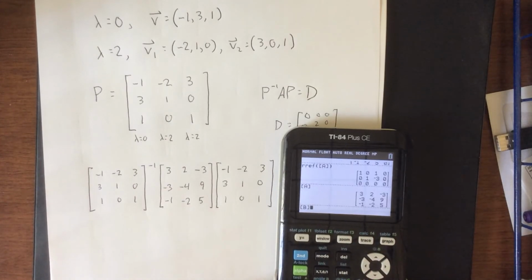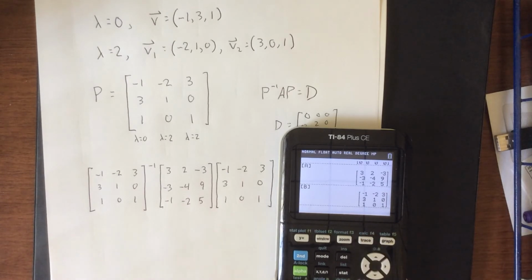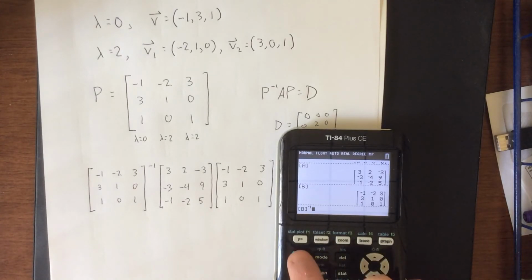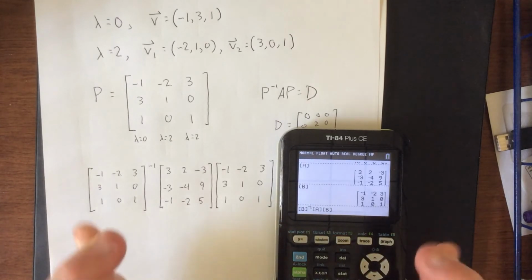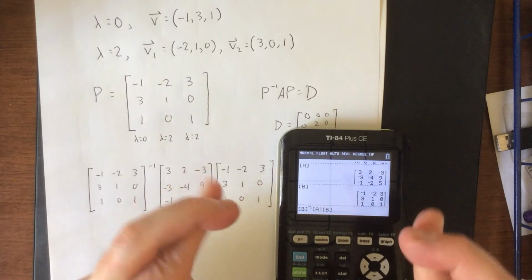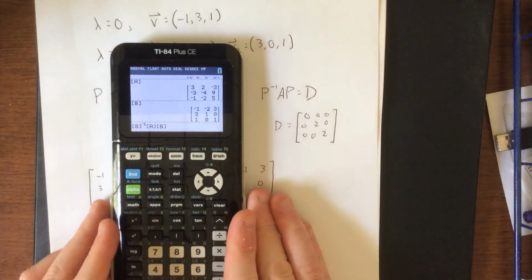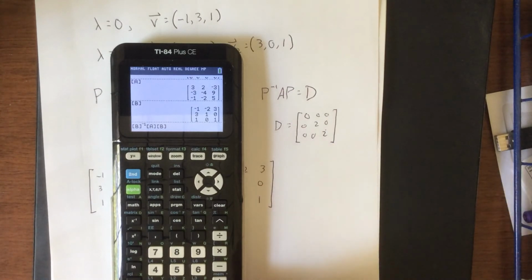And here's my matrix B, which looks good. So here's the part where the calculator is going to do all the work for you. Select B, inverse, multiply that by matrix A, multiply by matrix B, and then here's the part where you cross your fingers real good, because if it works correctly, this should be a diagonal matrix. In fact, it should be this diagonal matrix. Let's see what happens. I press enter.